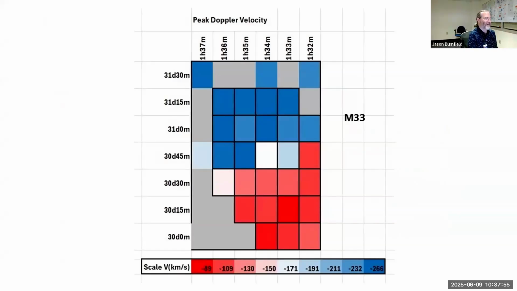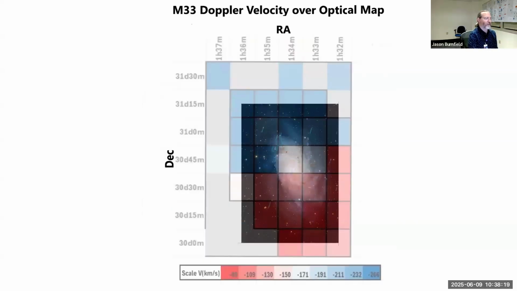You can see the rotation, you can see the central axis where, from our perspective, the motion becomes completely tangential. So you've got this line of transition between red and blue shift. And there's an overlay again of the optical.